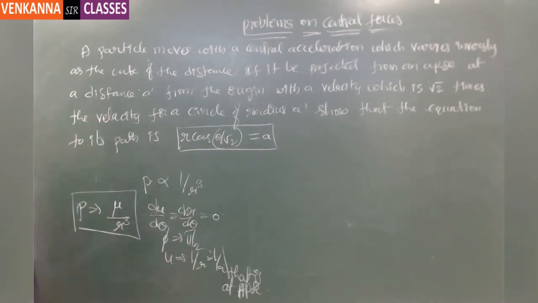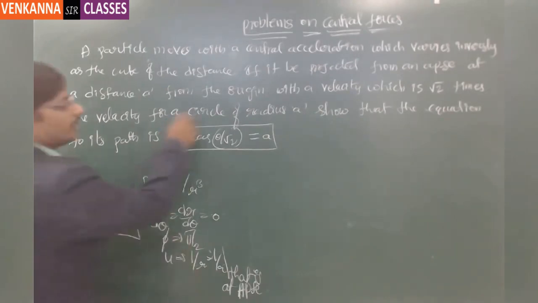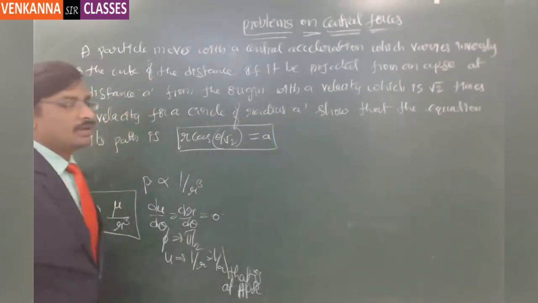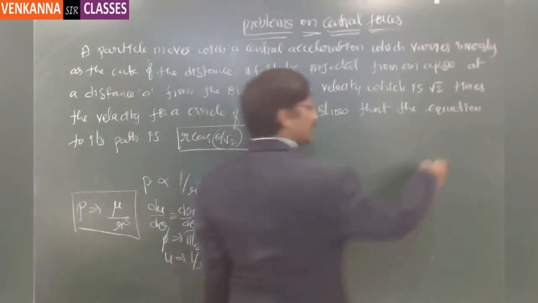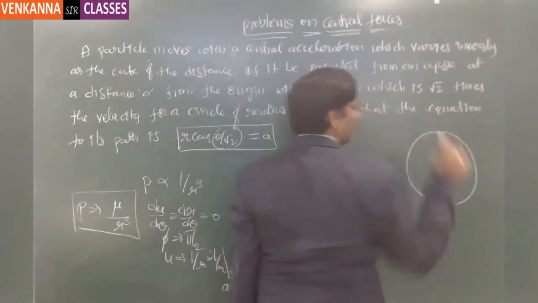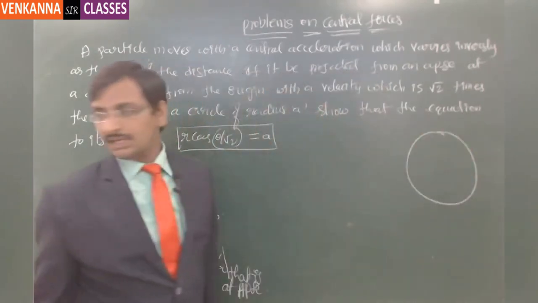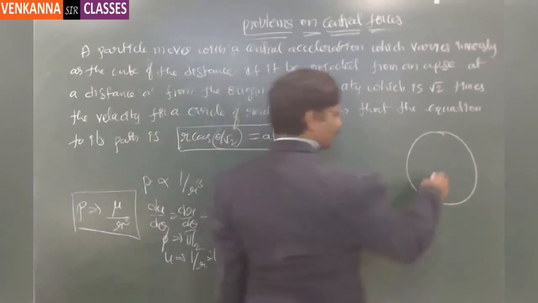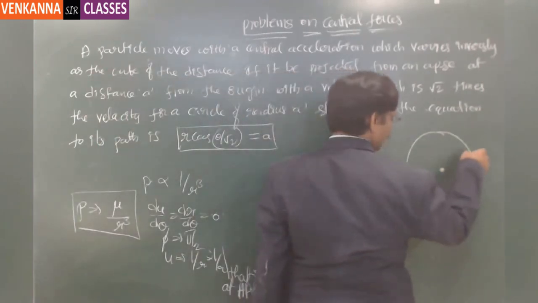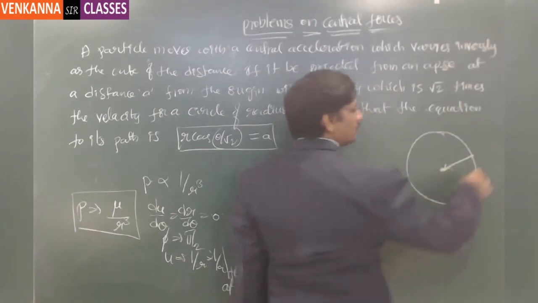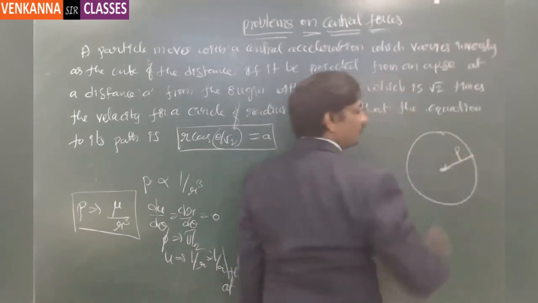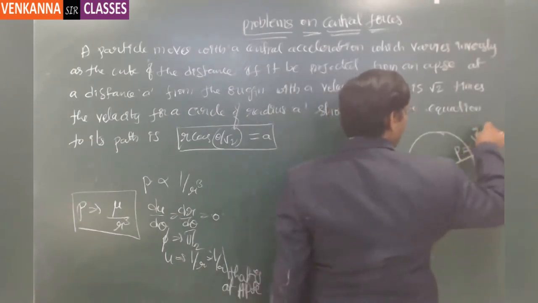That was the information given: from the origin with a velocity which is root 2 times the velocity for a circle of radius a. Now if the particle is trying to travel in a circle with the central acceleration, then that central acceleration will be v square by a.